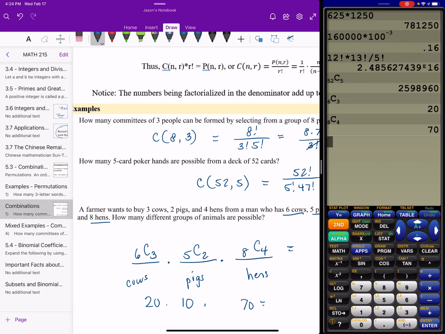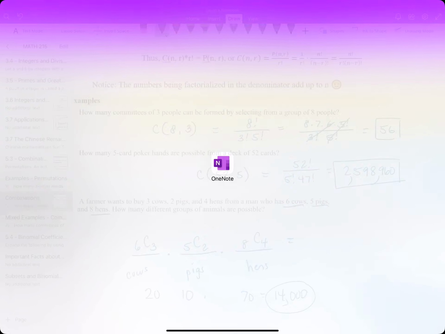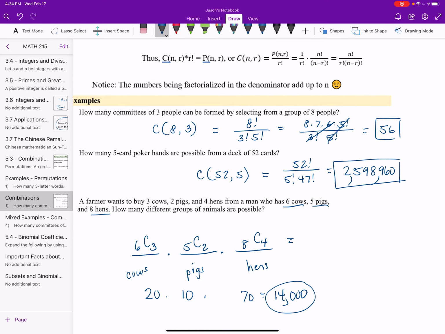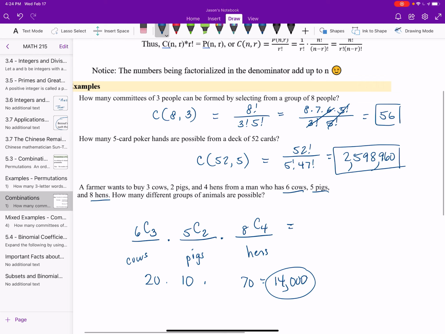So this means that there are 20 times 10 times 70, which is 14,000 different groups of animals. And remember, if one animal is different, it's considered another group. But if we're just using the same animals and picking a different order, we don't care about that. That's not considered a different group for us.